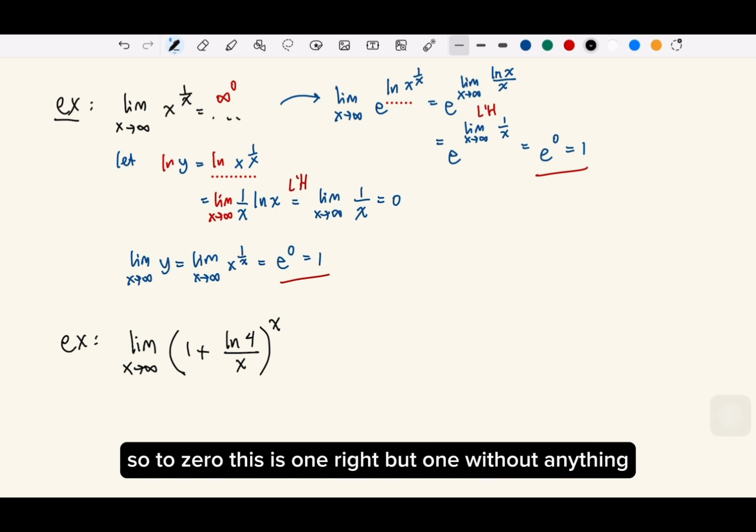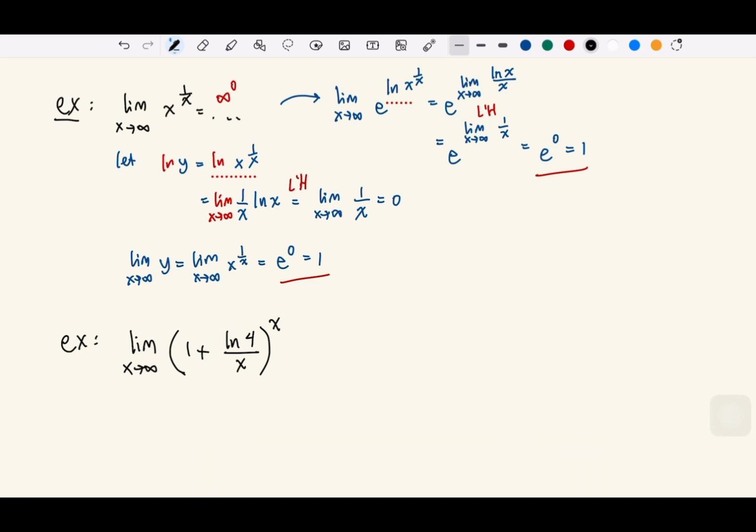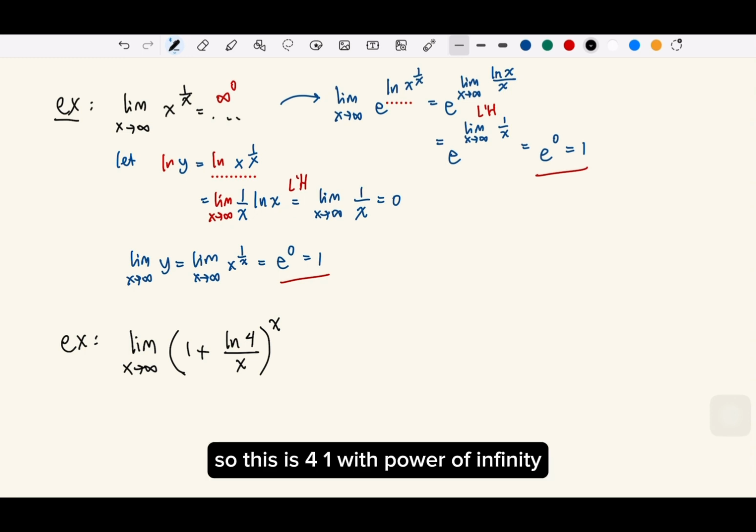But 1 with power of infinity. So this is for 1 with power of infinity.